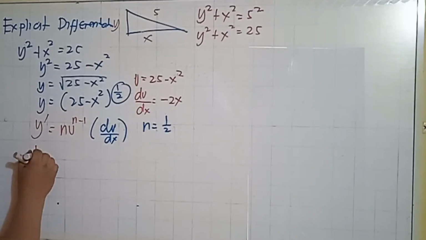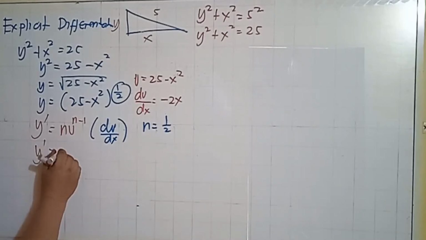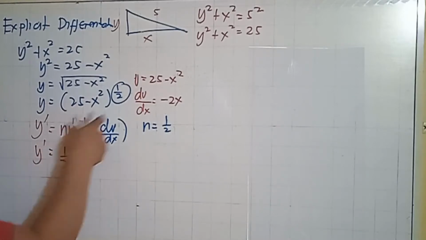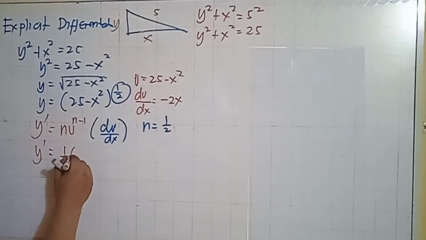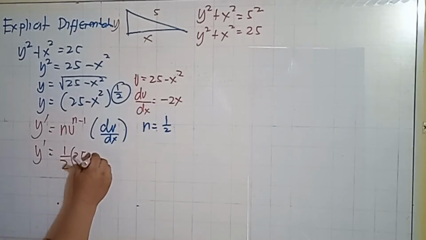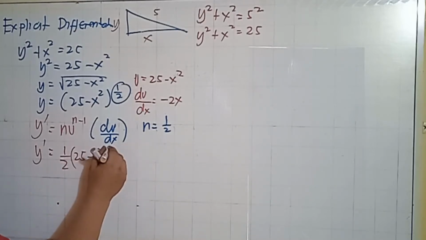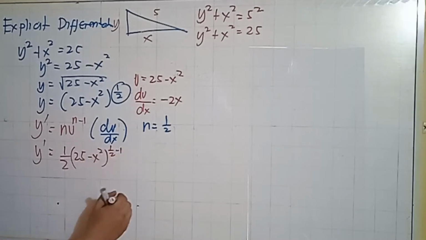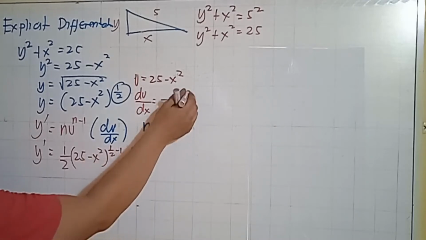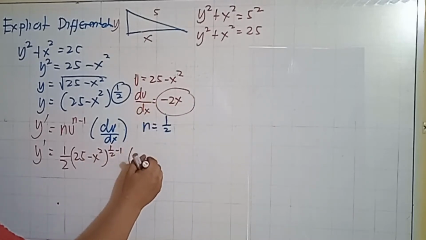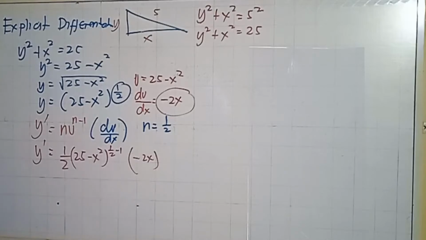So, y prime is equals to n is equals to 1/2. Substitute yung u is equals to 25 minus x squared raised to n minus 1, 1/2 minus 1 multiplied by du over dx, that is negative 2x.